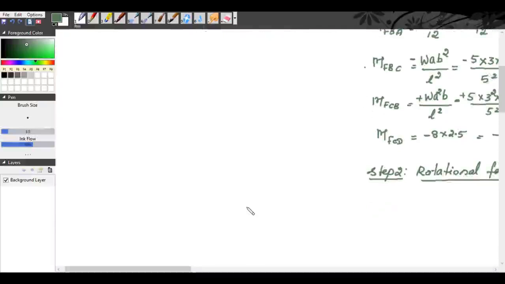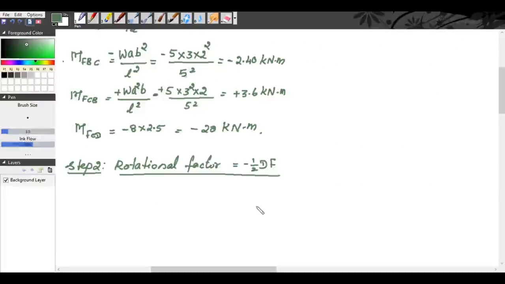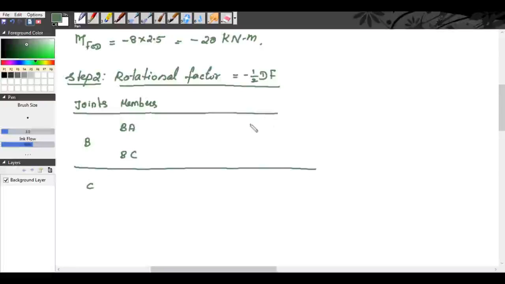Now we will consider the joints. We have two joints B and C. The members joining the joint B are BA and BC, and the members joining the joint C are CB and CD.